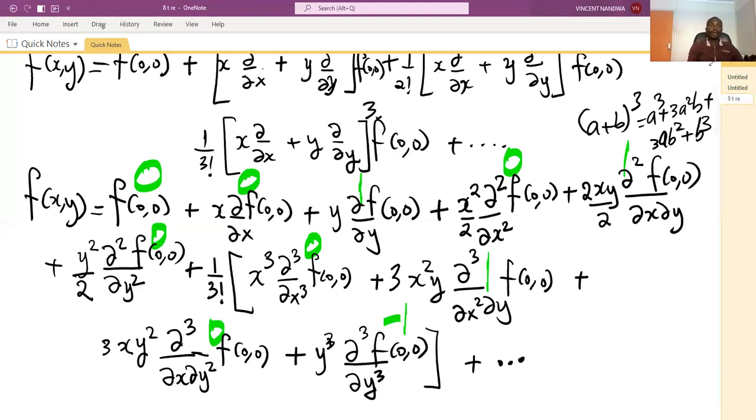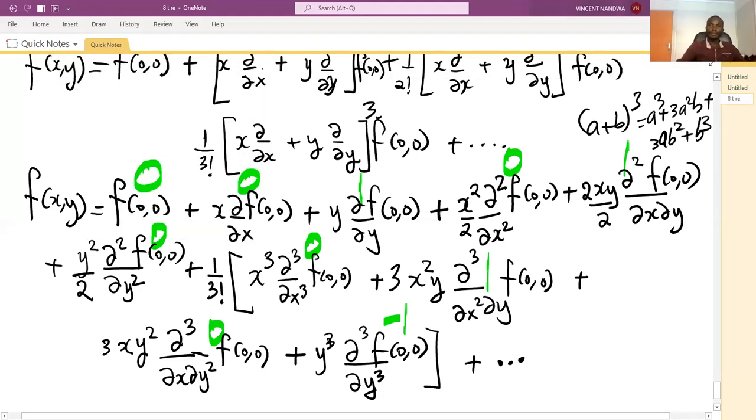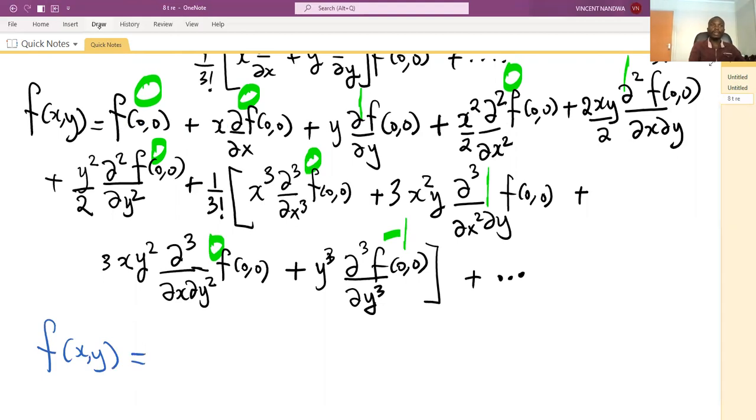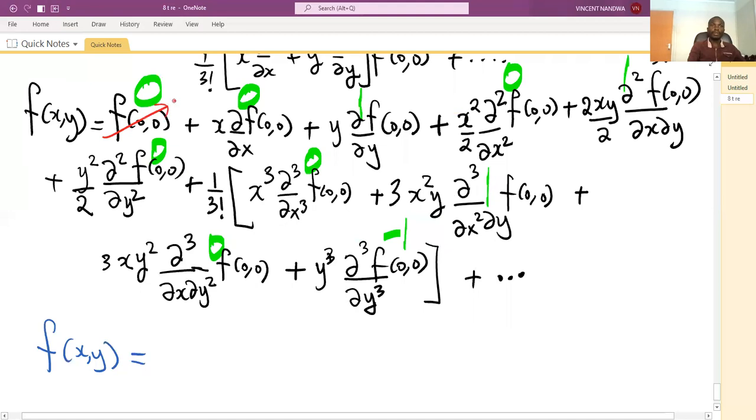So therefore now our function reduces to f of x comma y. So this will be 0, so 0 times this, yes. So everything here goes to 0. Also here goes to 0. Everything here goes to 0.